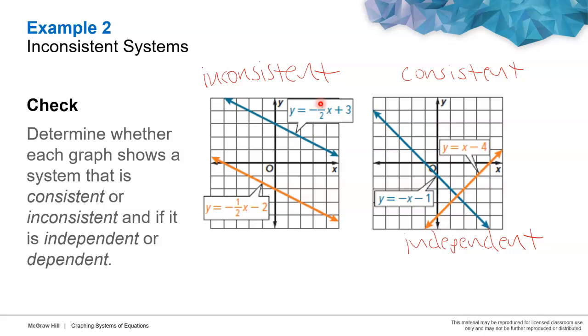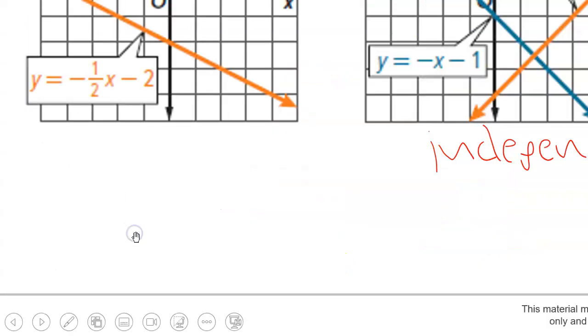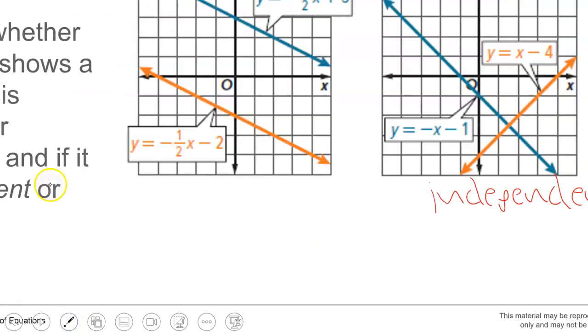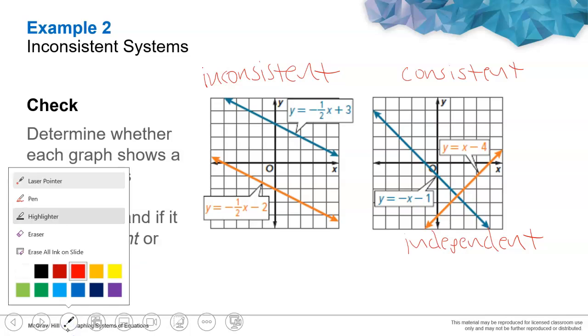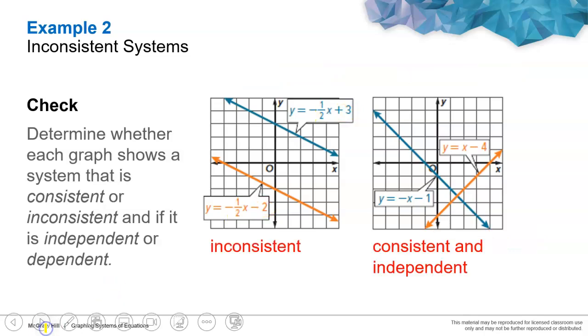So when I look at the number that comes in front of x in the blue line, I can see that the slope of those two lines is the same. Notice -1/2 and -1/2. So based on the fact that they have the same slope, but not the same y-intercept, I know those two lines are going to be parallel to one another.